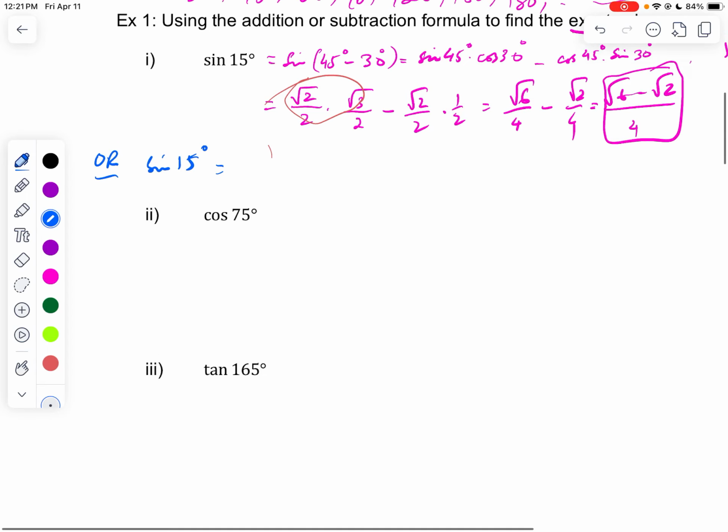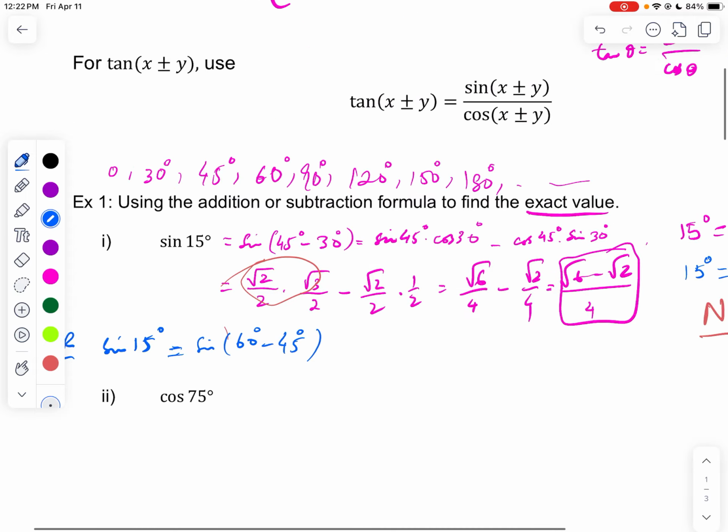So I would like you to try sine of 15 degrees using the other difference, which is sine of 60 minus 45, using, of course, the difference formula for the sine.